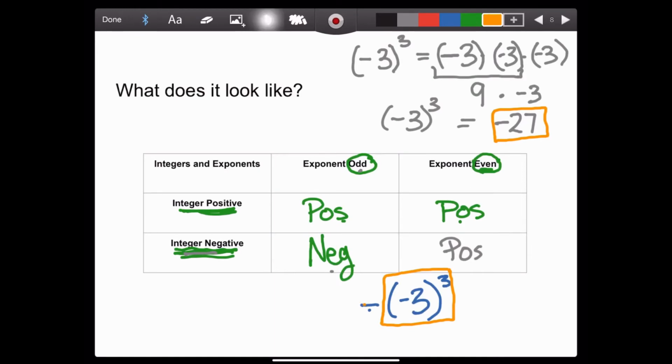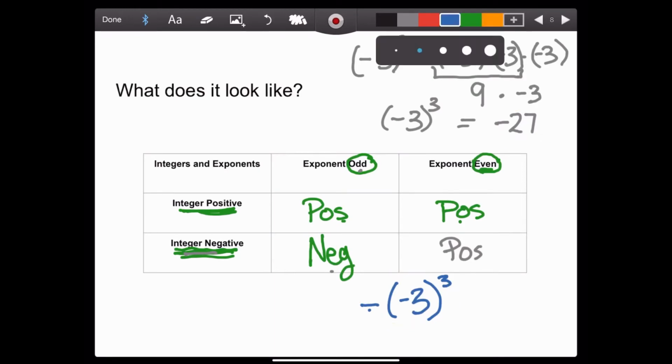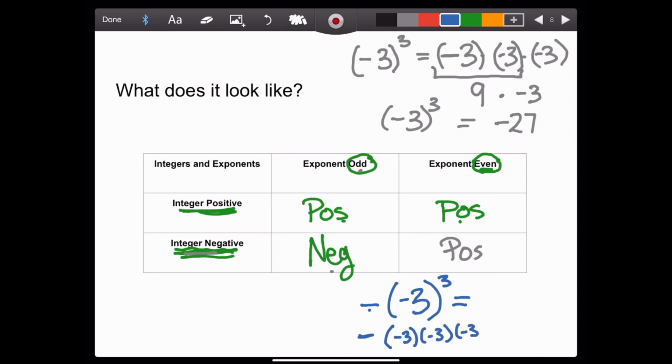So I'm going to erase that for right now and show you like this. So this becomes a negative times negative 3 times a negative 3 times a negative 3. And this right here, we came up with that it was negative 27. But we still have that negative out in front. So a negative and a negative is a positive 27.